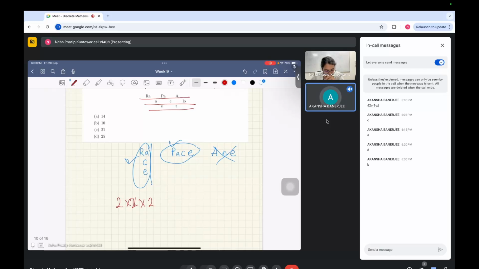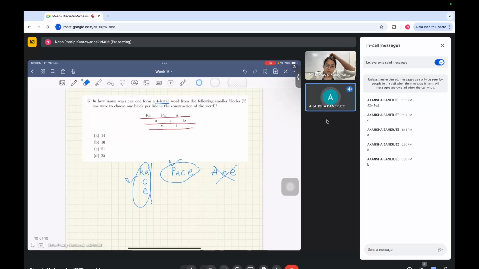And from the third line, we can pick a one lettered word in two ways, so 2 into x power 1. So we have to find now the coefficient of x power 4 in (2x square plus x power 1) whole multiplied by (2x power 1 plus x square) whole multiplied by 2x power 1.